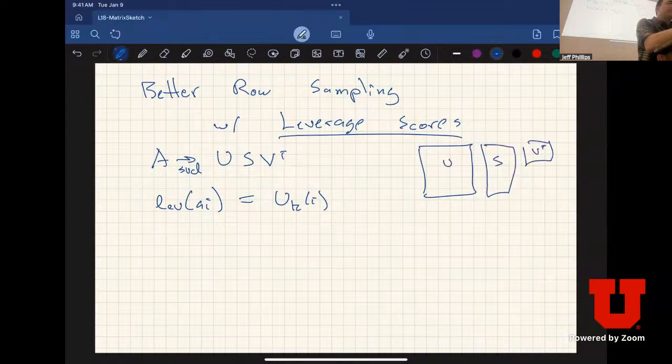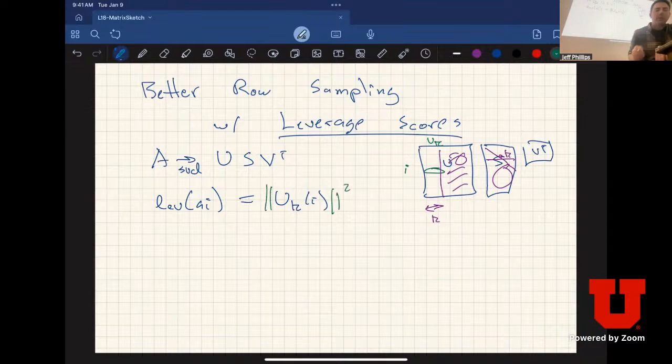I'm going to set all the rest of these to be 0, so that this is the top K, these are K terms here. Now this value is U sub K, and I want the ith entry. I think it's the squared norm of this.